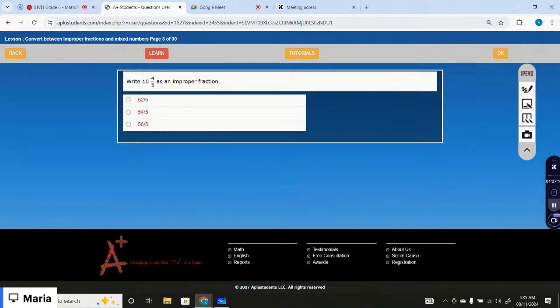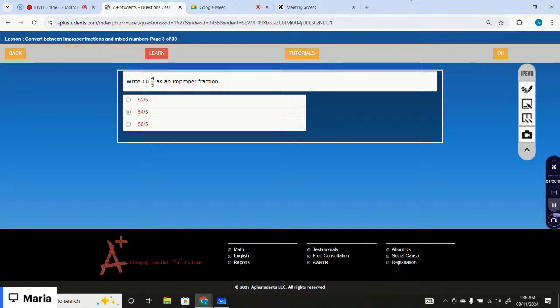Write 10 whole 4 by 5 as an improper fraction. So which is the correct option? That is 54 over 5.